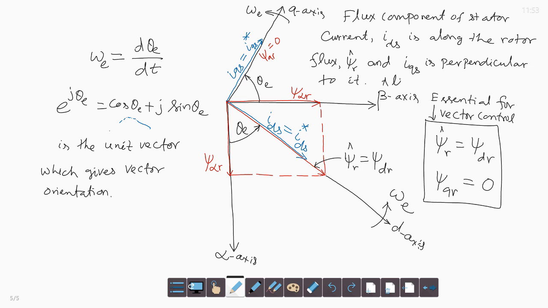Also psi q r is 0. This is the vector orientation. This is the diagram for phasor orientation.